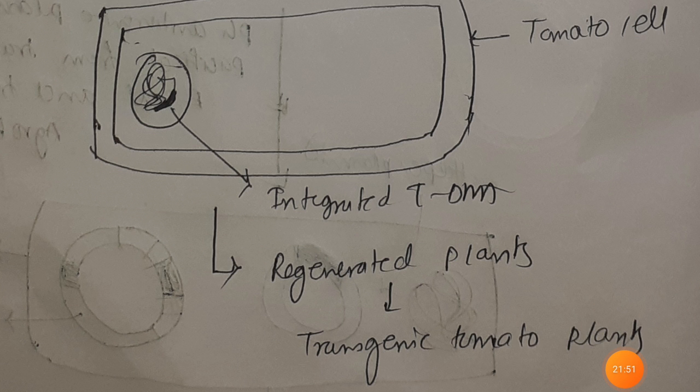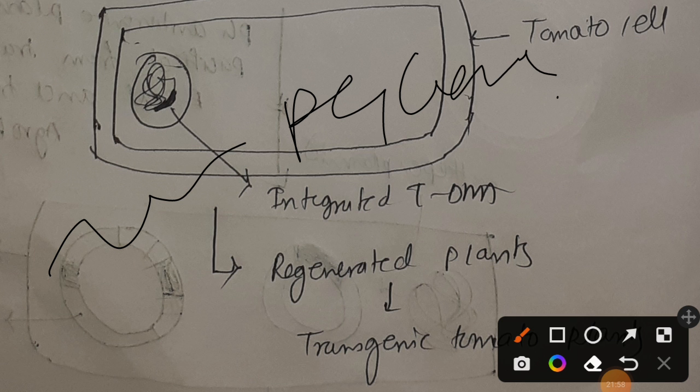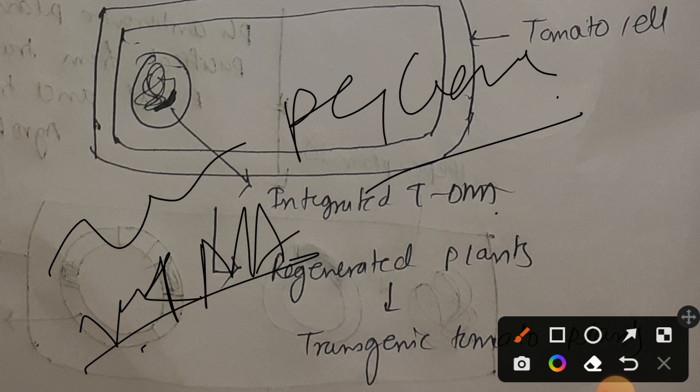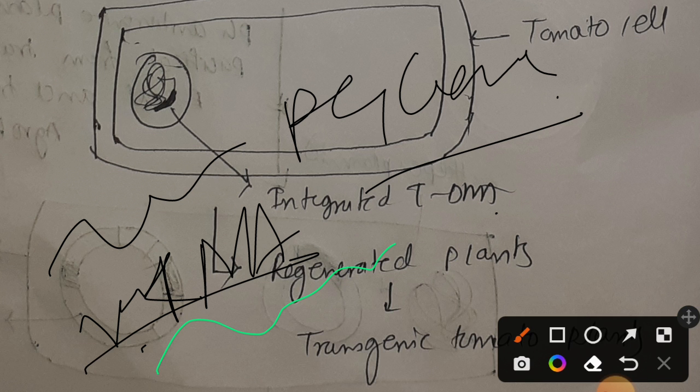But whenever there will be an expression of the PG gene, that is our mRNA molecule responsible for the production of the polygalacturonase, these antisense mRNA molecules that are present in the cell due to the transgene that we have incorporated will form a double stranded RNA molecule by interacting with the normal mRNA.